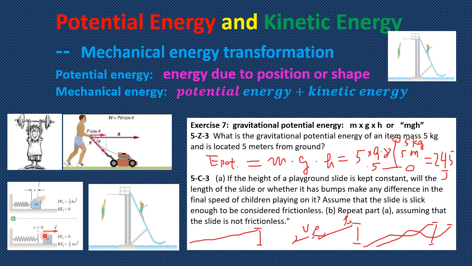But before they go back, we say the energy is stored in a potential form within that system. So once again, energy due to position or shape is called potential energy. Potential energy plus kinetic energy altogether is called the mechanical energy.